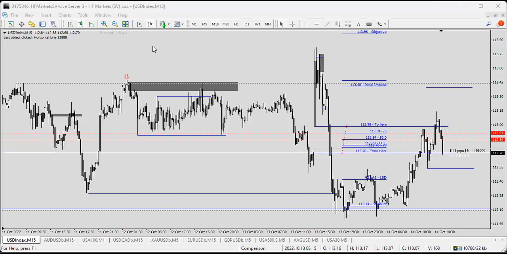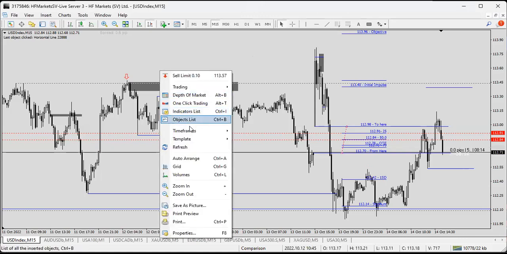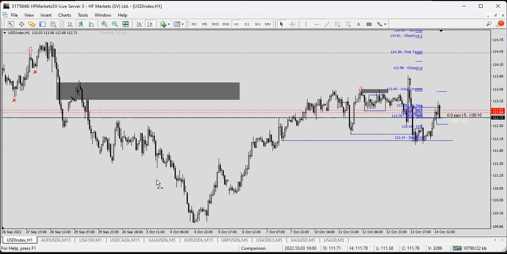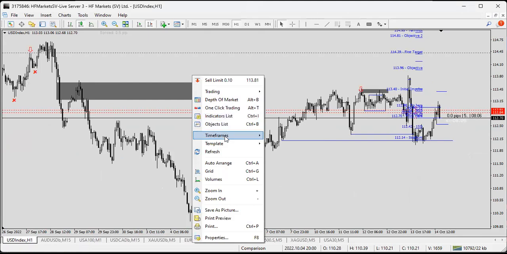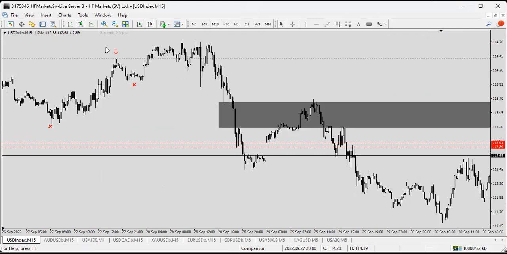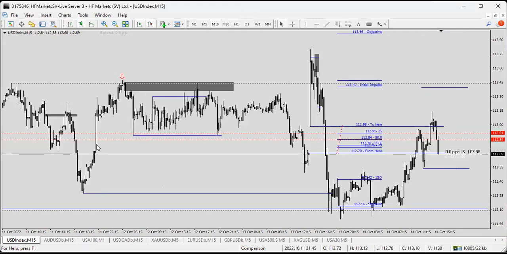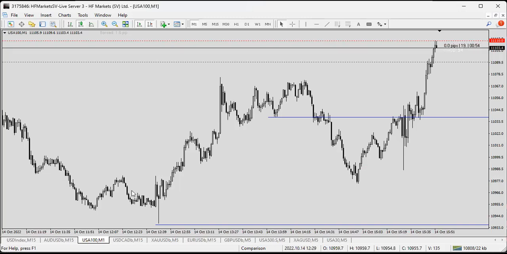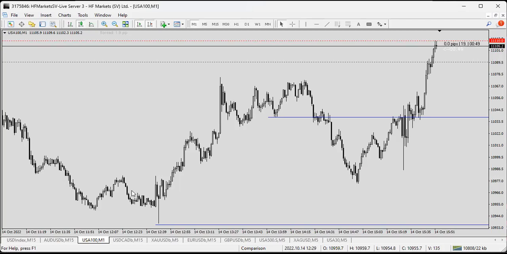DXY H1 bearish order block. I haven't looked at H1 for DXY. Let's see. Nah, this is pushing first. Pushing first. Really?